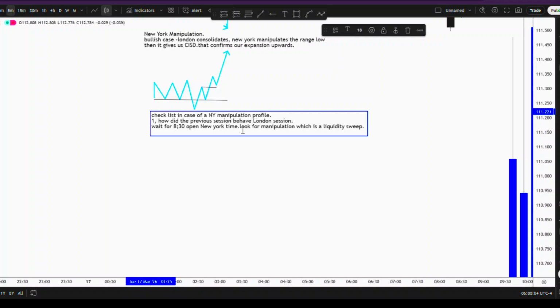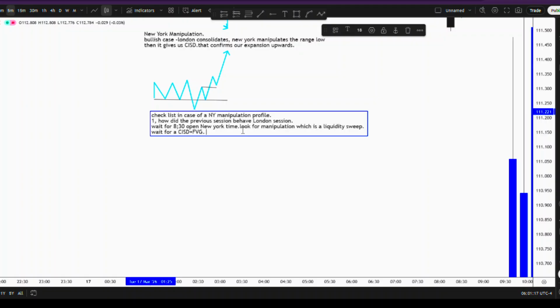And then after that, wait for a CISD, change in state of delivery, plus, I like this, plus an FVG.